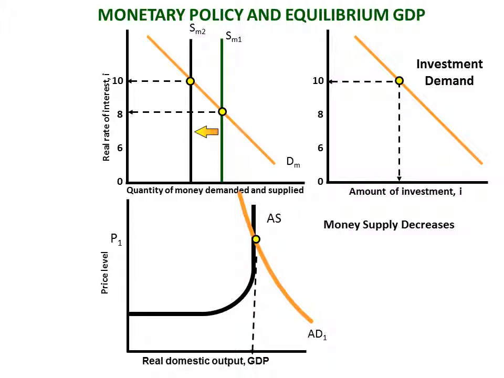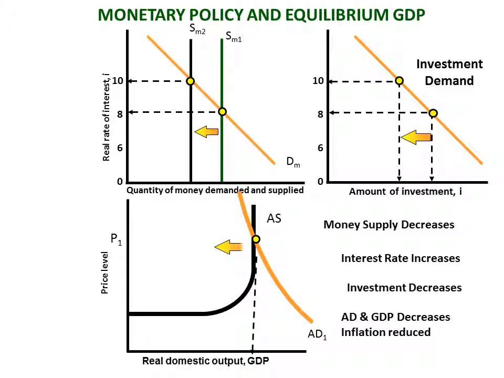Decreasing the supply of money pushes up interest rates, which means investment spending would drop. Here, investment spending drops, and then hopefully that will shift aggregate demand to the left, and that will have a positive impact on the amount of inflation because slower spending should bring down price levels.